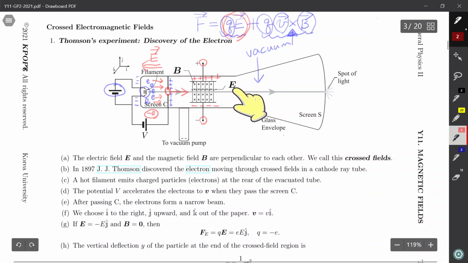This electric force is upward. QE equals minus E electric field. In addition, there is a magnetic field that is coming into the page.